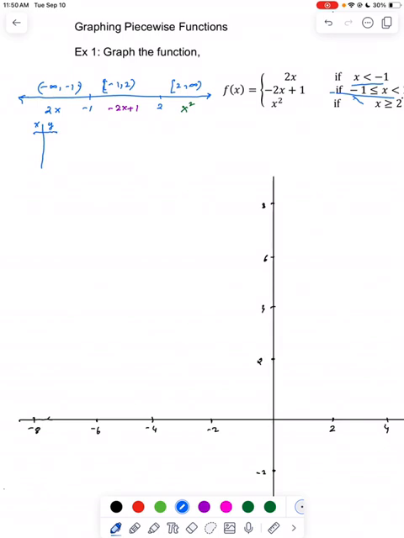So x, I can start at -3 or -4 maybe. So I'll get -8. -3 will give me -6. -2 gives me -4. And what about -1?